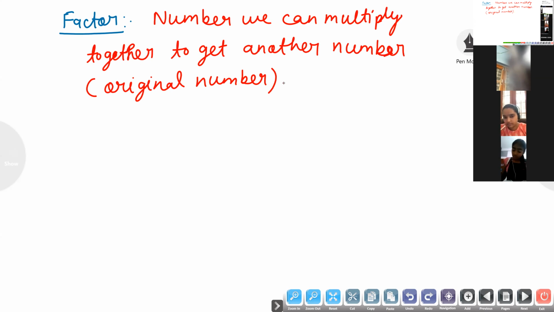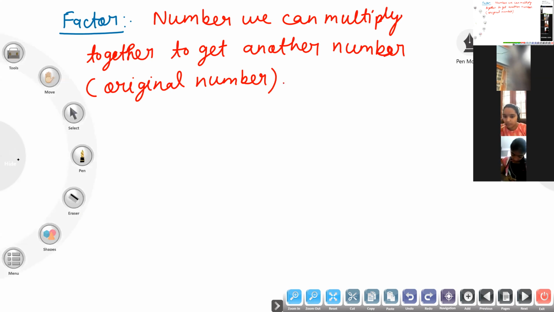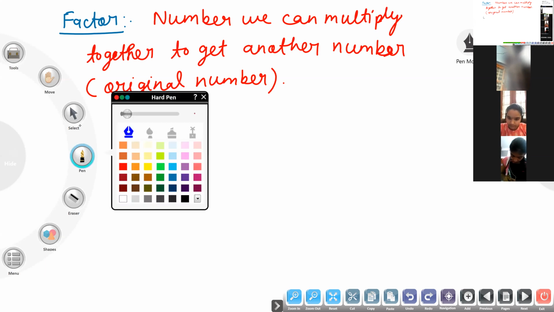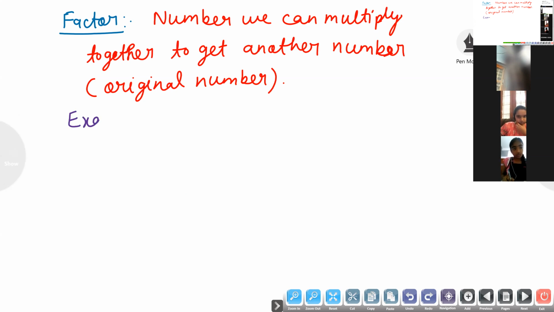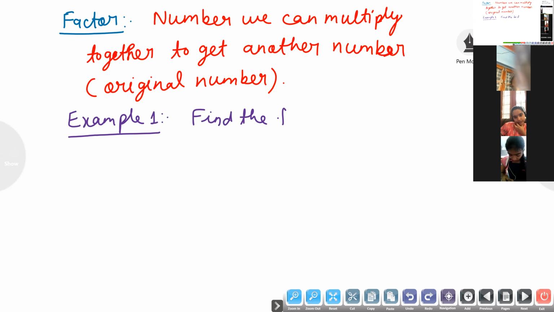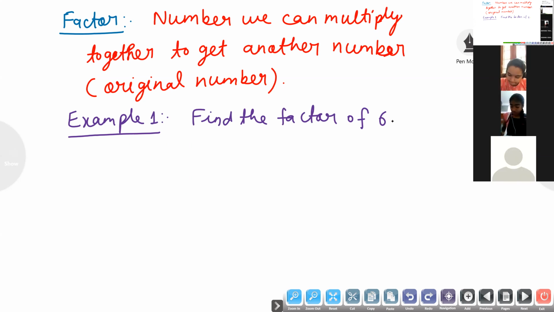Example. Find the factor of 6. Solution.